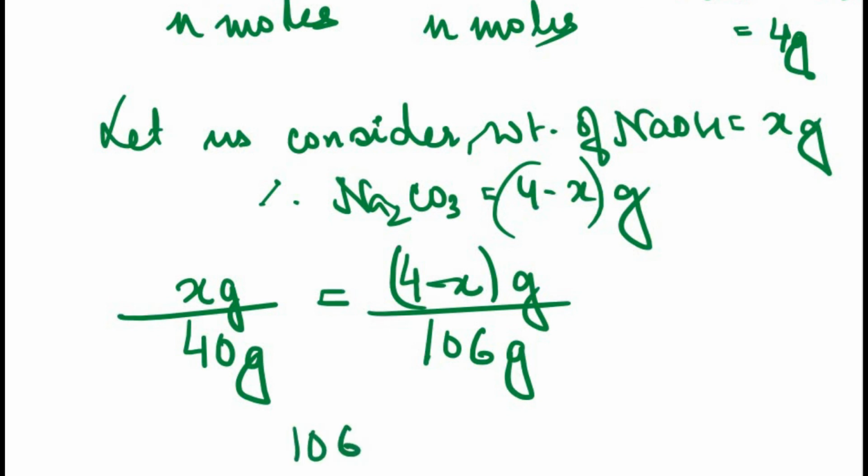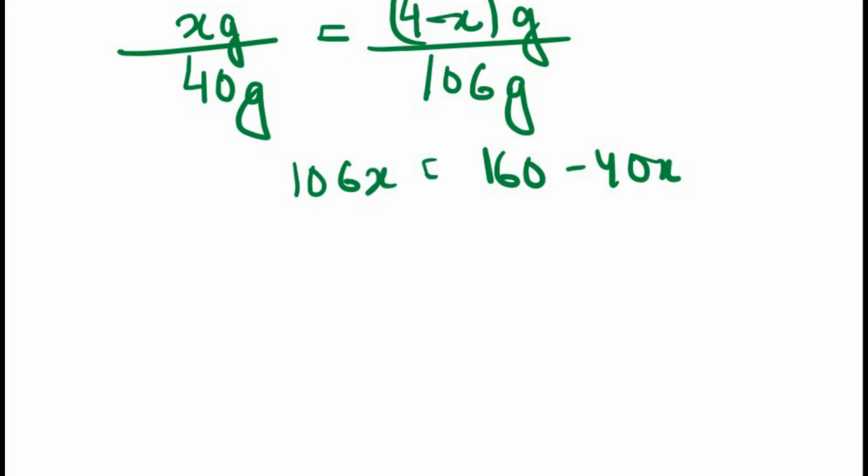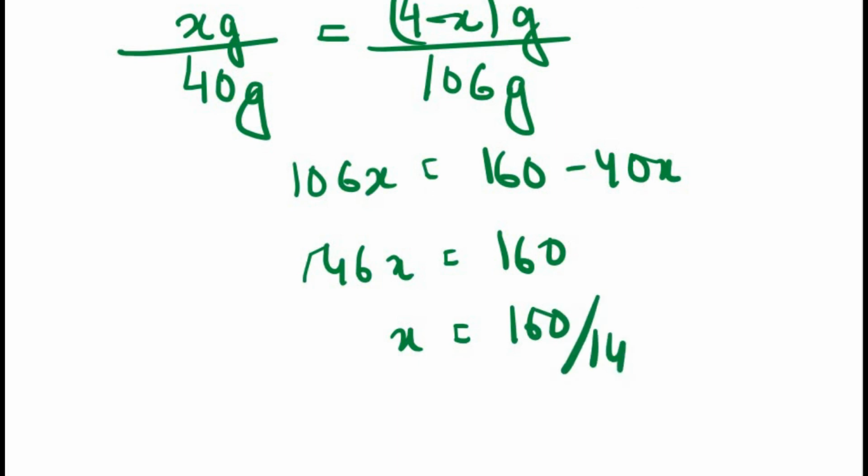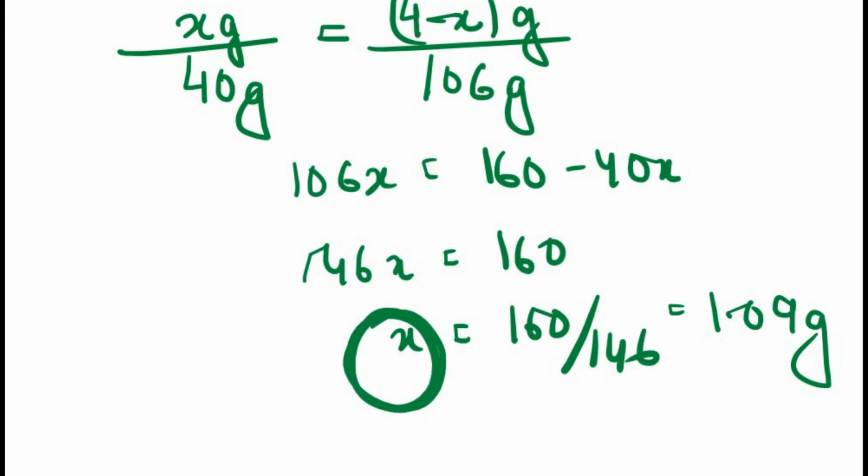So 106X equal to 160 minus 40X. Correct? So this should be coming out to be 146X equal to 160. So X would be 160 by 146, that comes out to be 1.09 gram. This was asked because the mass of NaOH was asked and we had fixed X as NaOH. So this should be our answer.